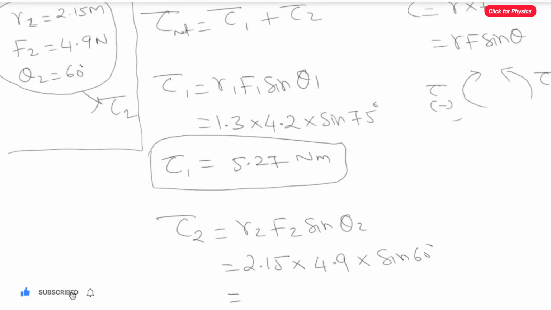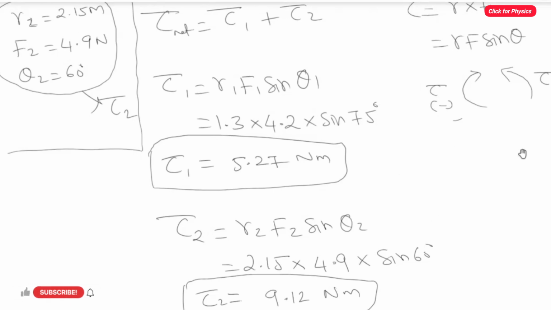So 2.15 multiply 4.9 multiply sine of 60 degree. I got the answer here as 9.12, and the unit for the torque is Newton meter. So we got the torque tau 1 and torque tau 2.